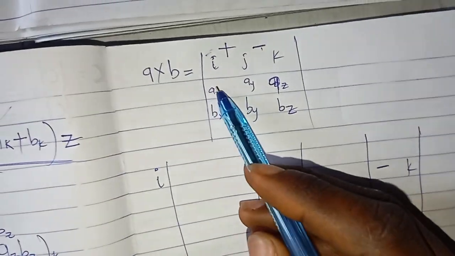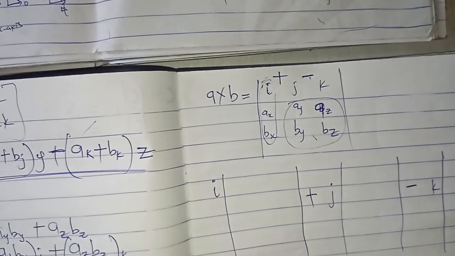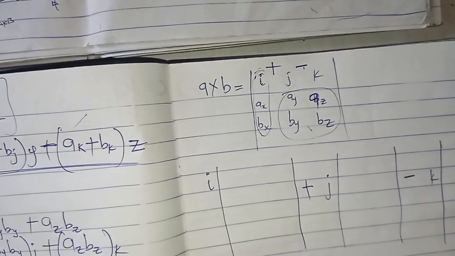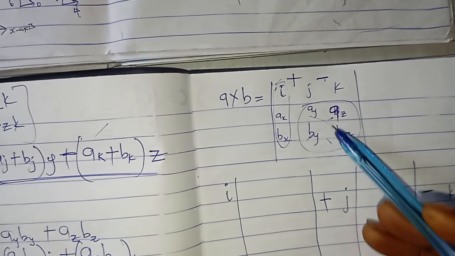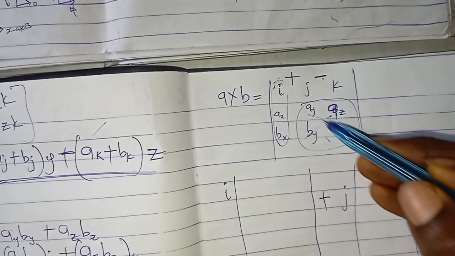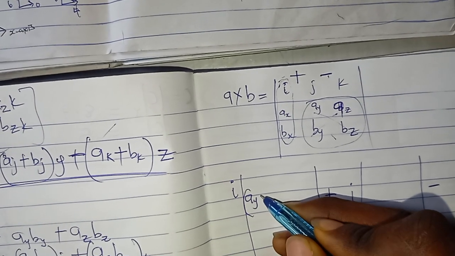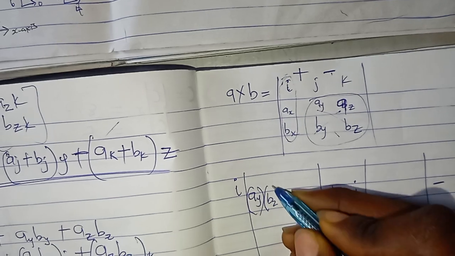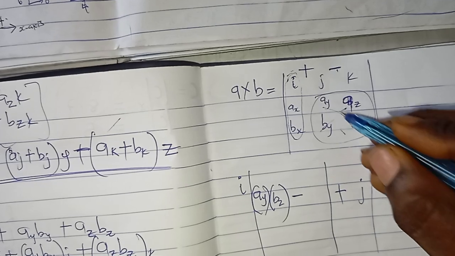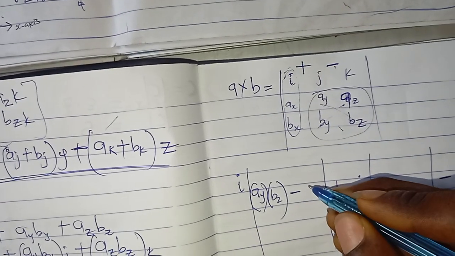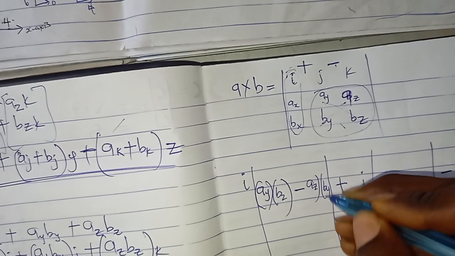So when I'm solving for I, I will not look at I, I'll focus on the things here. So I will now do left times right. So I will do AY times BZ, then minus, AZ times BY.